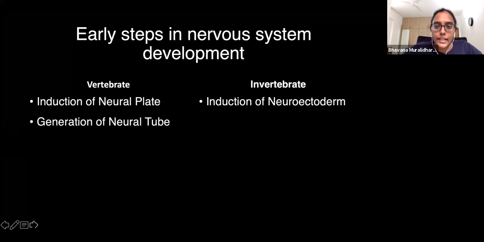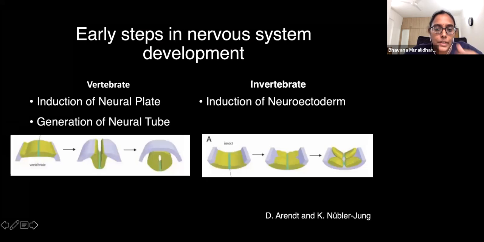What are some of the early steps in nervous system development? Perhaps even before we begin, maybe this is a revision of what you learned in the previous classes from Sonia, is the fact that there is the induction, between invertebrates and vertebrates, of the neural plate, perhaps a very common mechanism, and in the vertebrates, the formation of the neural tube.